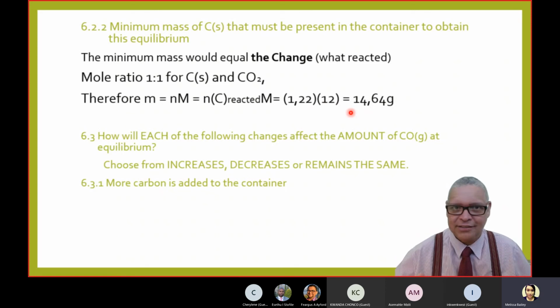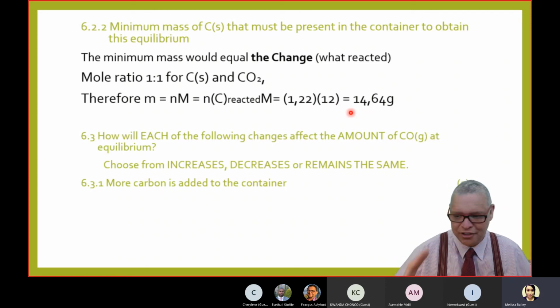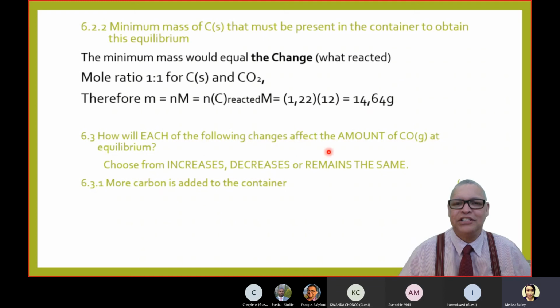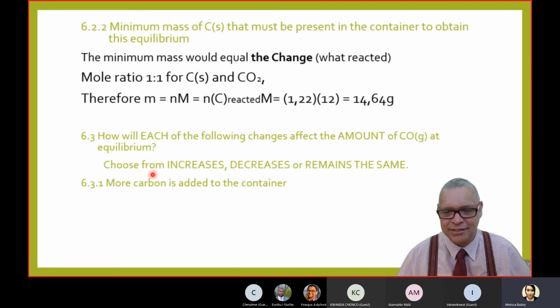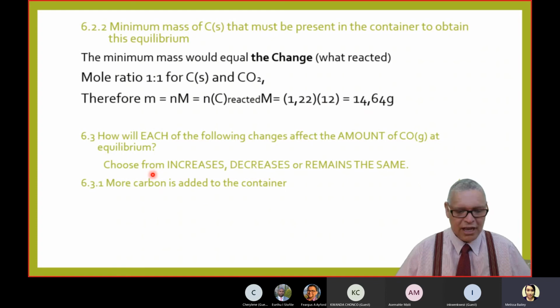That question 6 continued this way. How will each of the following changes affect the amount of carbon monoxide gas at equilibrium? Now we have to choose either increases, decreases, or remain the same. Grade 12, I want to suggest here, and I strongly want to stress, as a matter of fact, do not guess.